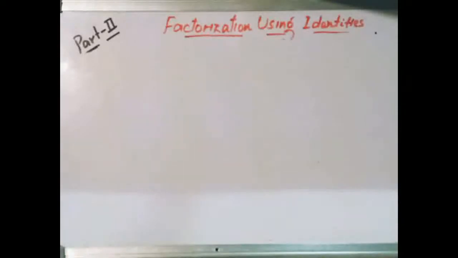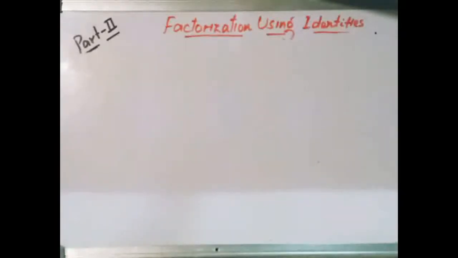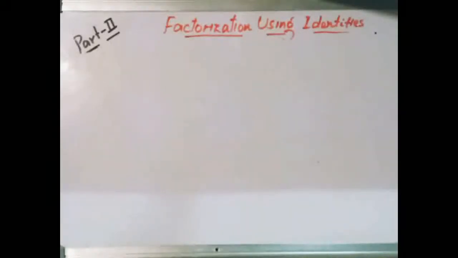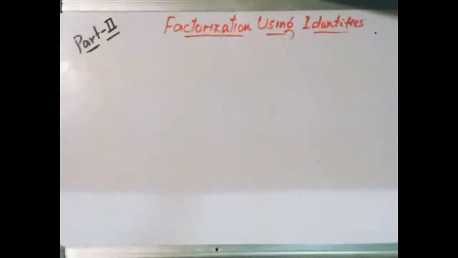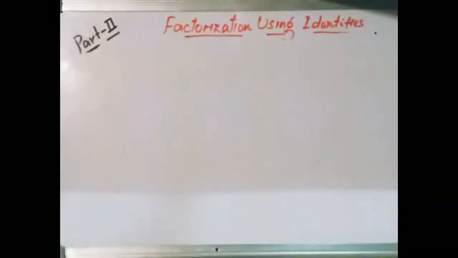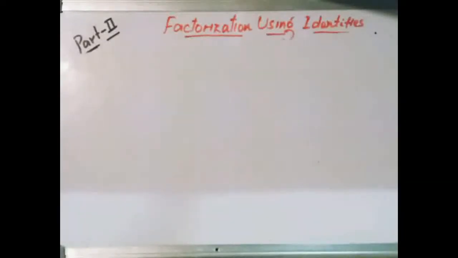In the first part of this topic, factorization using identities, we discussed some identities and saw how those identities help us in factorizing the given algebraic expressions.